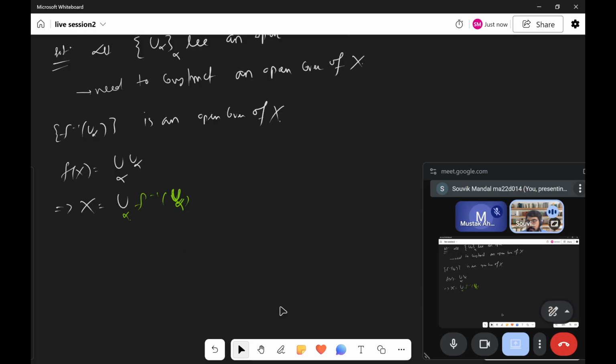This implies that f inverse U_alpha is an open cover for X.